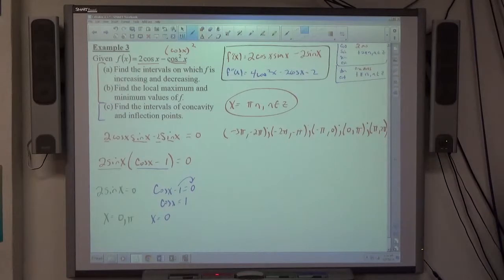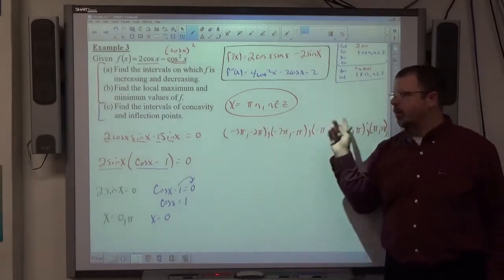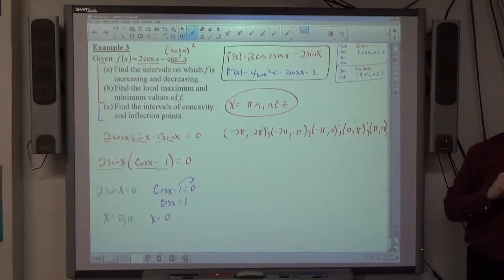Pick some specific intervals with the specific numbers we have. Any integer times pi, I started at -3, went up to 2. So -3 pi to -2 pi, -2 pi to -1 pi, and so on. What I'm doing is I'm trying to establish some intervals here to get an idea of what my infinity intervals are going to look like.